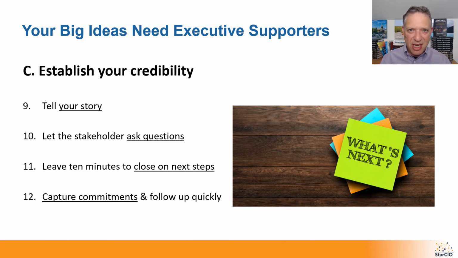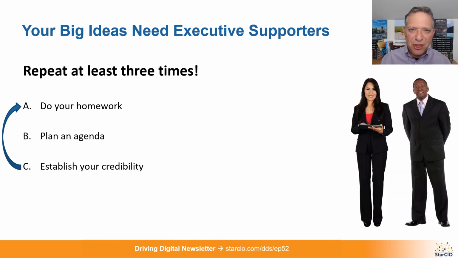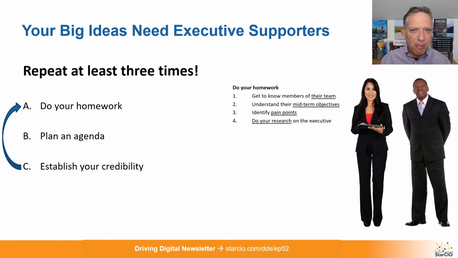Now, there's one more key thing that I'm going to share in the next picture around setting up your relationship with that business executive. So let's recap for Jill and Ron. They have a big idea just as you do, and you want to set up a relationship with a key executive that you need their support for your programs. You're going to start by doing your homework, by building relationships and learning from teammates and lieutenants of that executive.